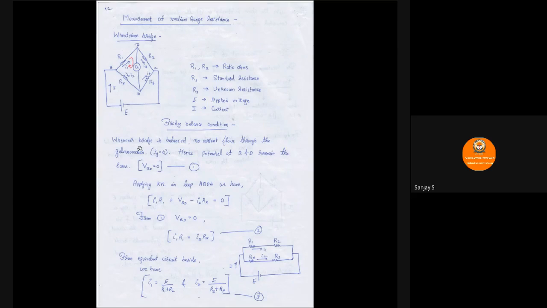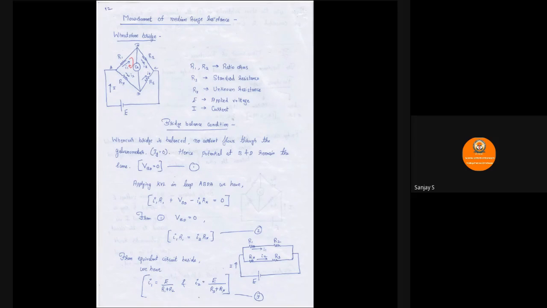Okay, let us start with this. When the bridge is balanced, no current flows through the galvanometer. So Ig, if we take it as the galvanometer current, it should be 0. Whenever the current flowing through this galvanometer is 0, the potential at B and D will be the same, or the potential difference will be 0. You very well know that current flows only when there is a potential difference.